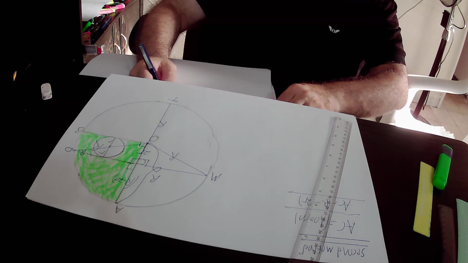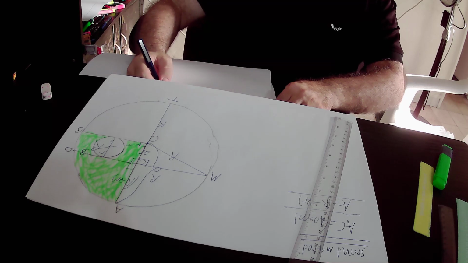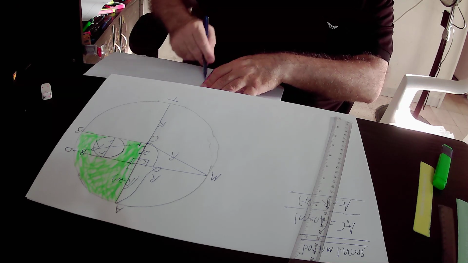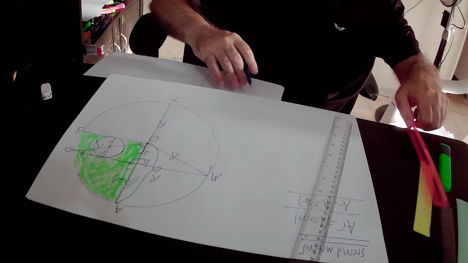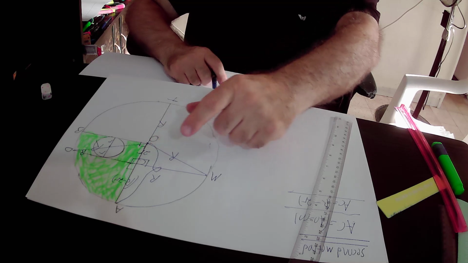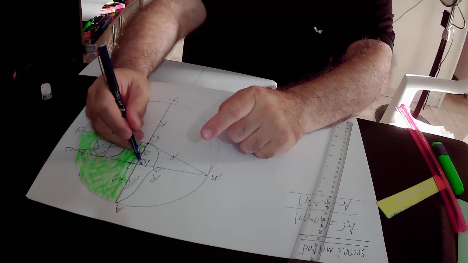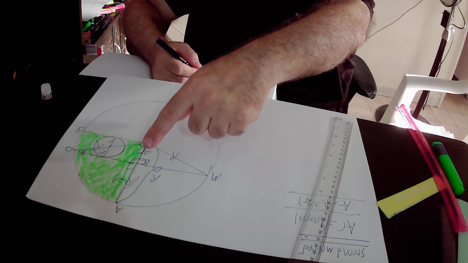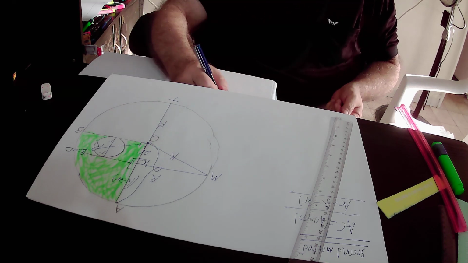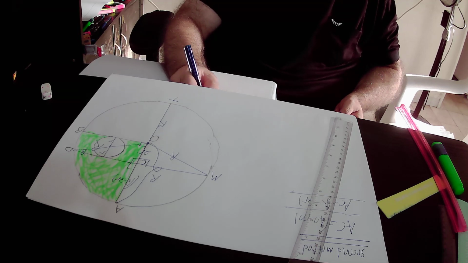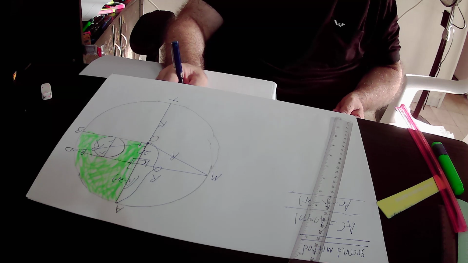So why can those two right triangles go into each other? First of all, CO is a common side that belongs to both triangles, therefore CO equals itself as a common side that belongs to both triangles.